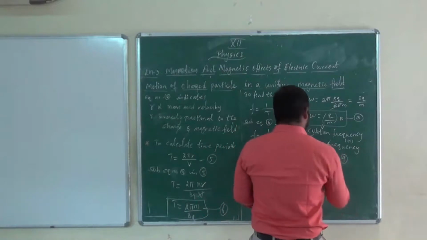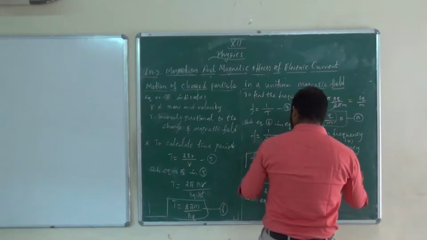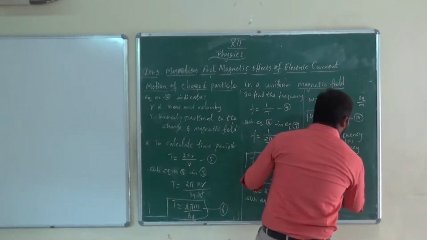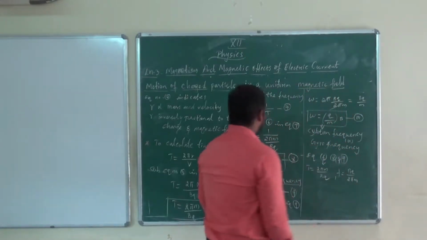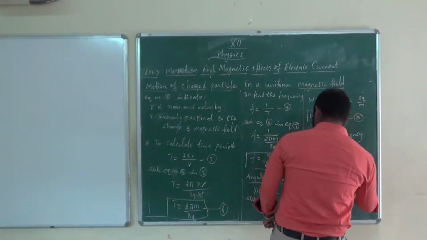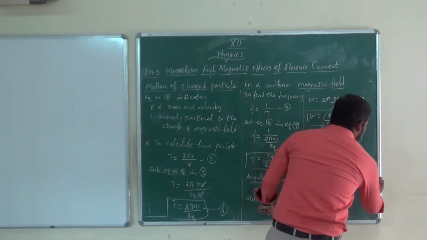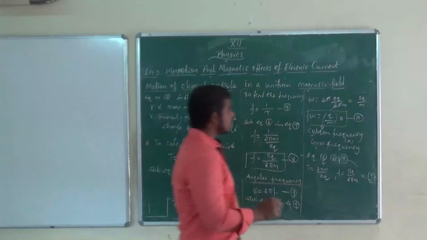Next, equation number 8: f is equal to Bq by 2 pi m. Equation number 9: omega equal to q by m into B, isn't it?